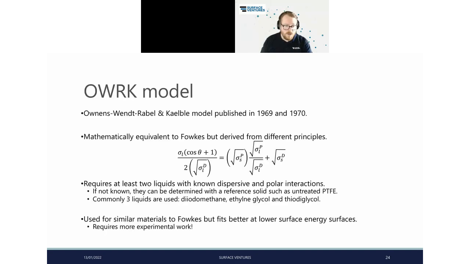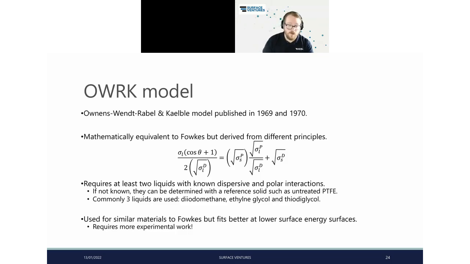Another model that we can use is the OWRK, published in different parts in 1969 and 1970. It is mathematically equivalent to the Fowkes, but it's derived from slightly different principles. We have the equation there. This requires at least 2 liquids with known dispersive and polar interactions. If you don't know these, you can determine them with a reference solid, such as PTFE.